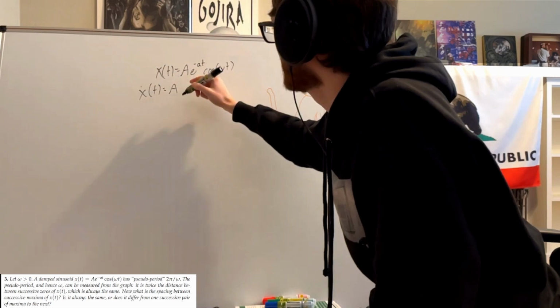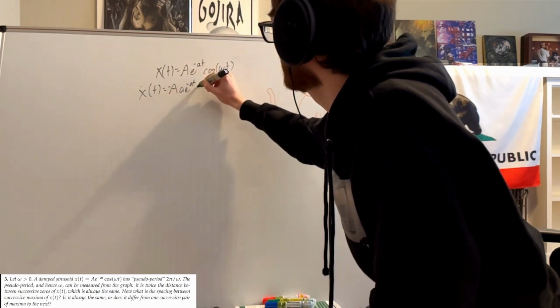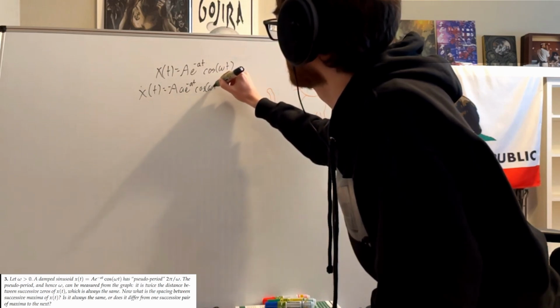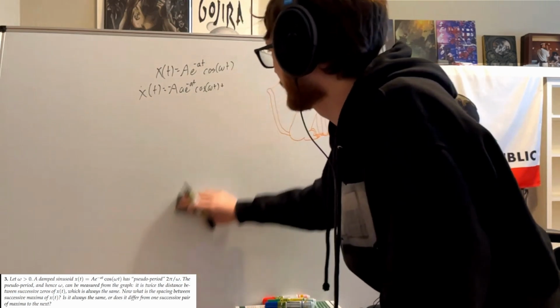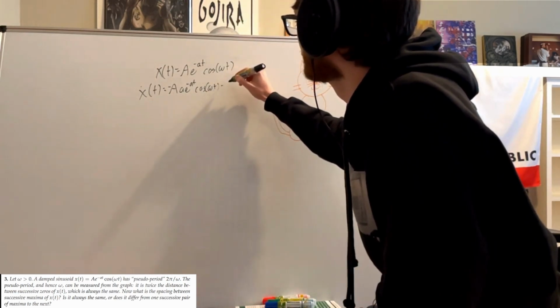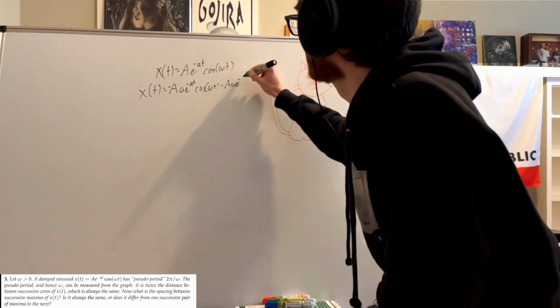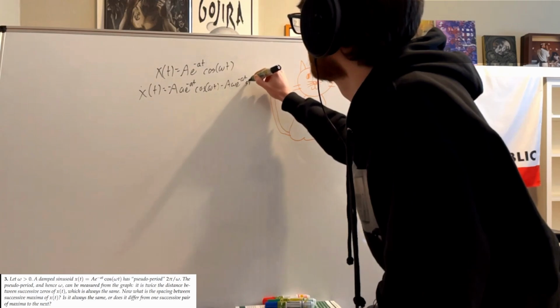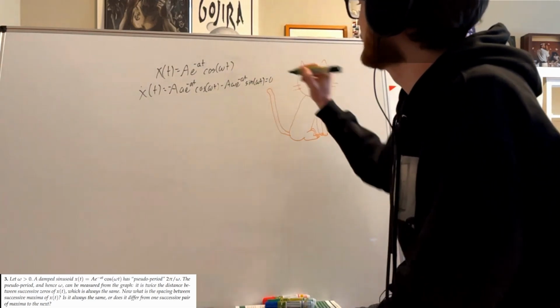Doing the e first, minus a e to the minus a t, cosine omega t. Now we derive the cosine. Cosine derives to the minus sine. And we set equal to 0.